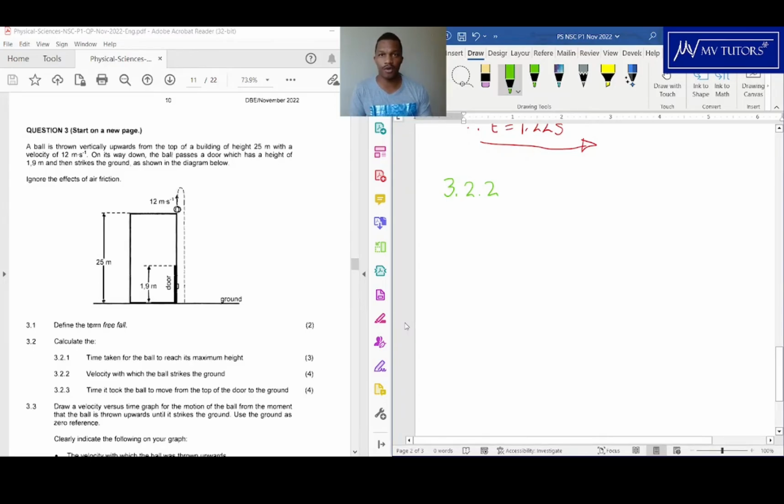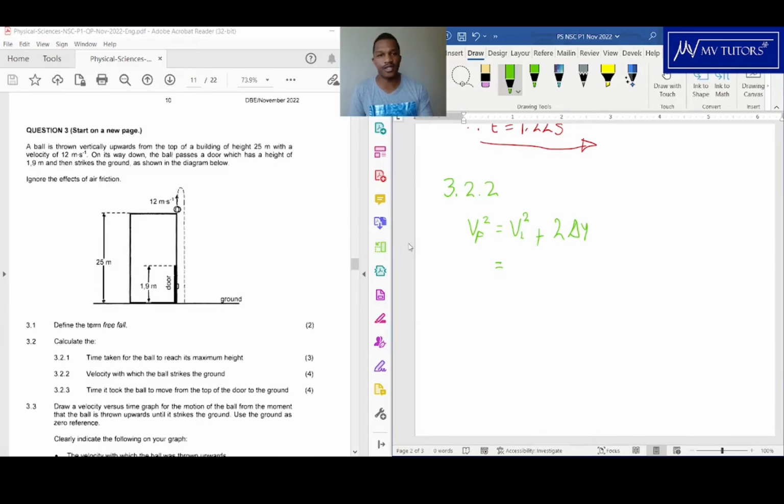The formula I'm going to pick for this one is V final squared is equal to V initial squared plus 2 change in y. We are looking for the final velocity, so I'll choose this one.